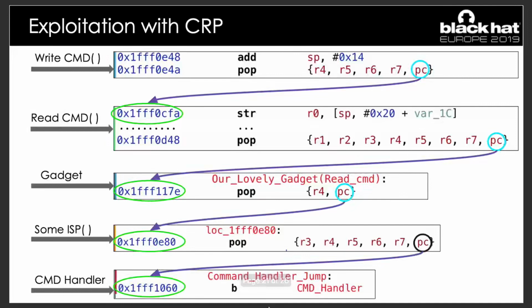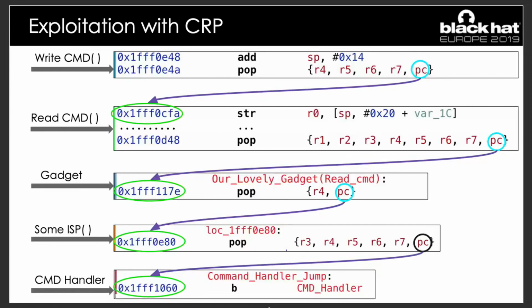Here, what we have done at the assembly level, as we can see here, the PC of the write command got overwritten, and we made it jump to this address, CFA, inside the read command. And when the read command needs to return, we overwrote its PC with our gadget address.